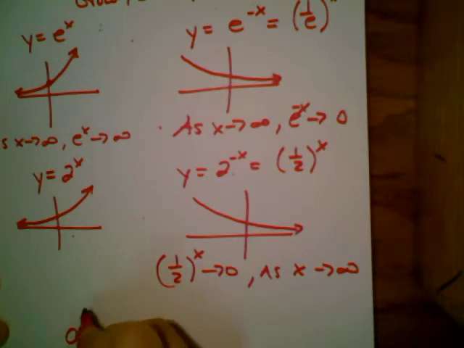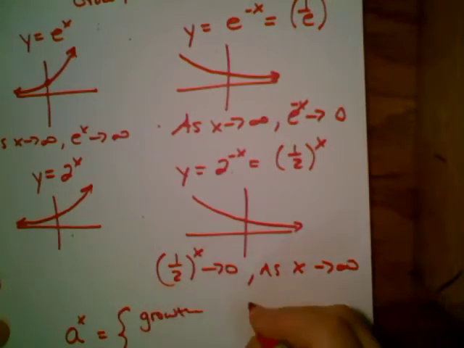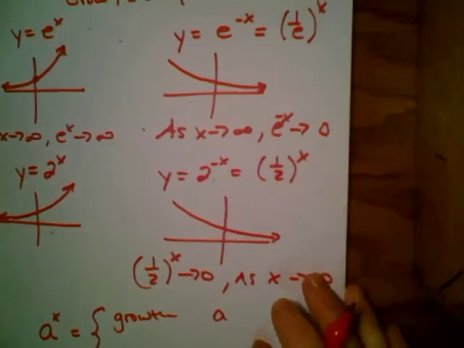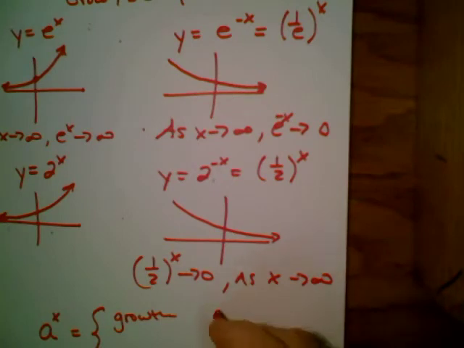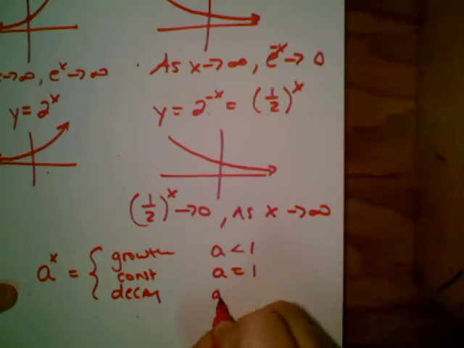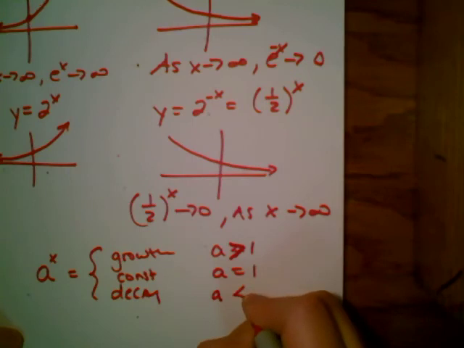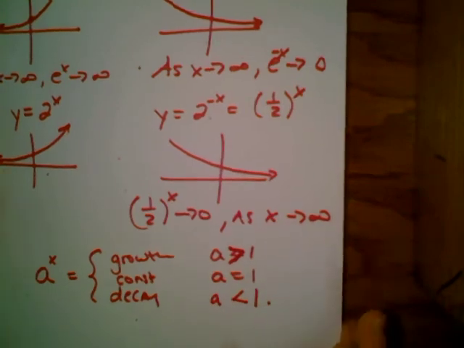So if we have a to the x, where we usually let a be positive, we're going to have a growth function if a is less than 1. We have a constant function if a equals 1, and we have a decay function if a, I have this backwards, don't I? This will be greater than, this will be less than.